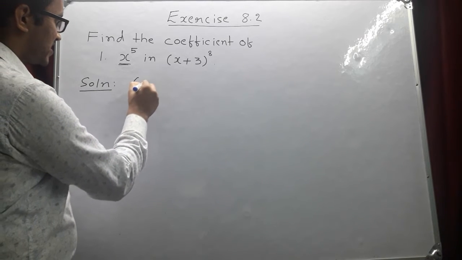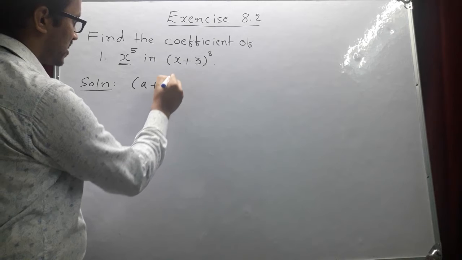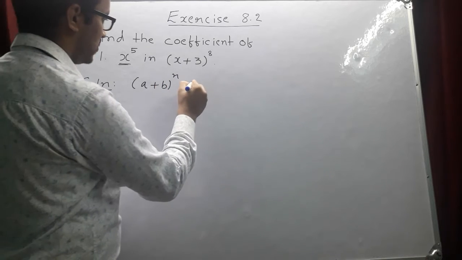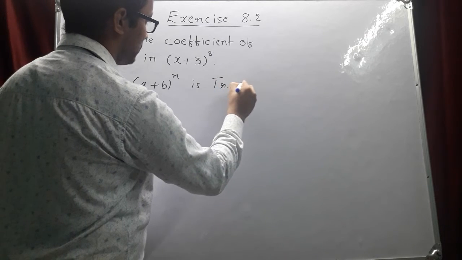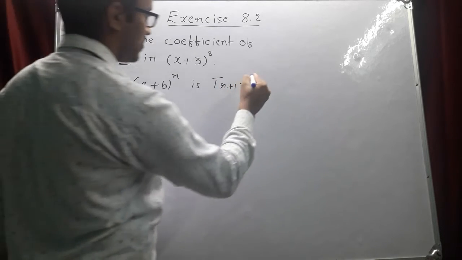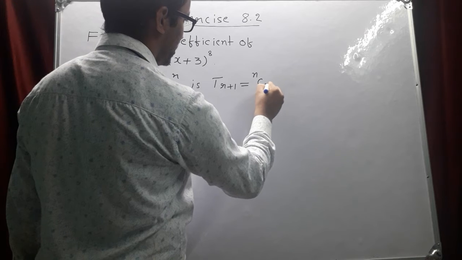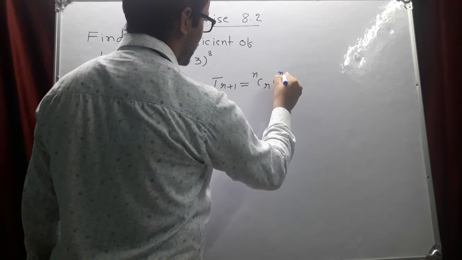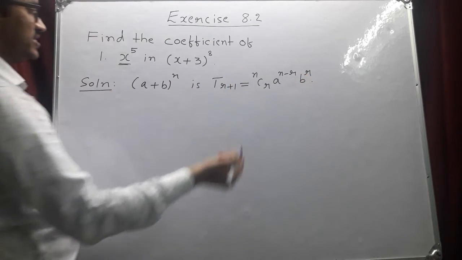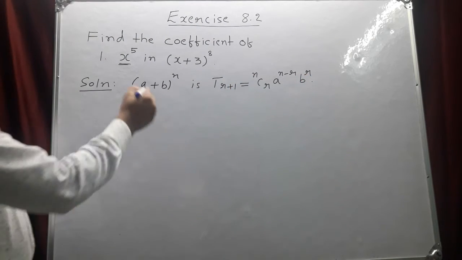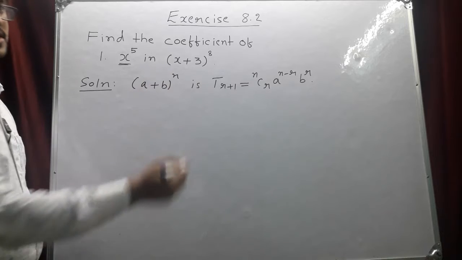The general term in the expansion (a plus b) power n is given by T(r plus 1) equals nCr a power (n minus r) into b power r. So this is the general term in the expansion (a plus b) power n.